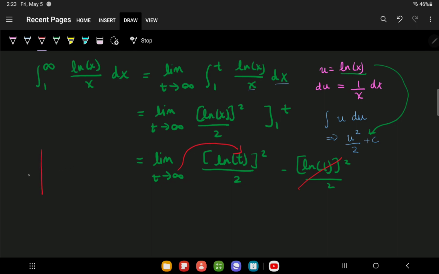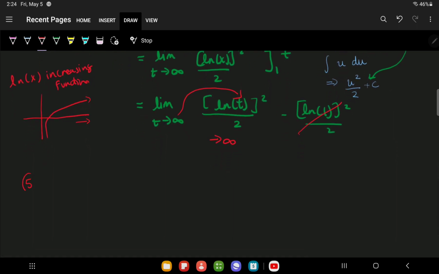Let's look at the visual. Since natural log of x is an increasing function, as t approaches infinity, natural log will continue to get bigger and bigger, and this will go to infinity.